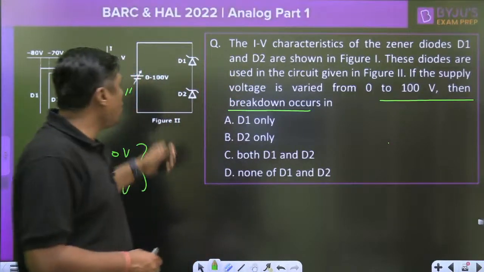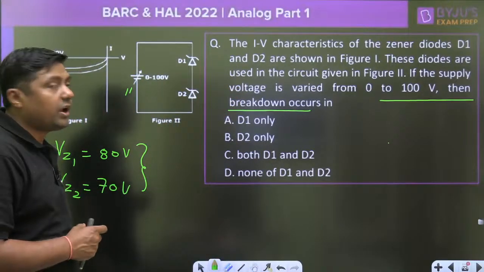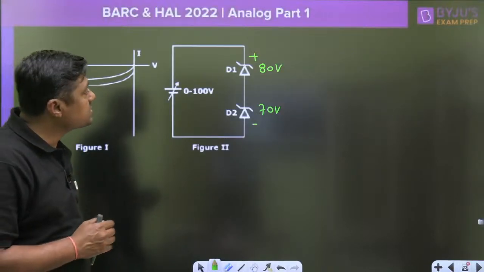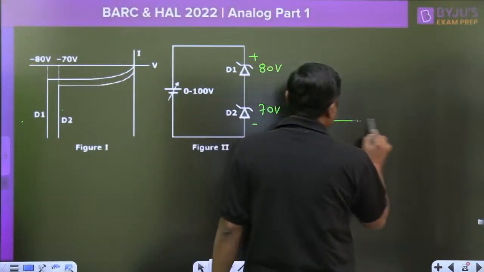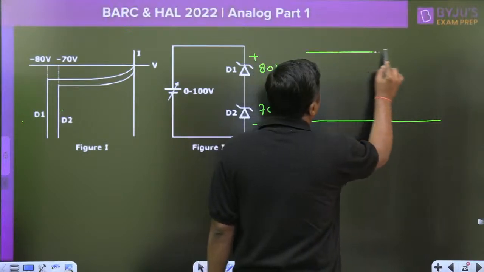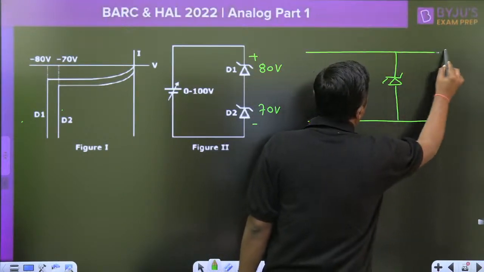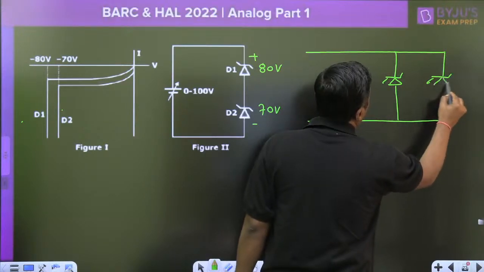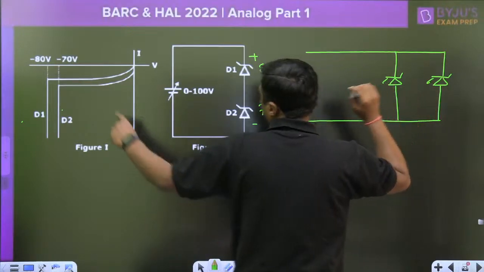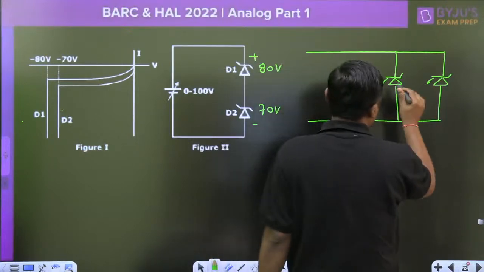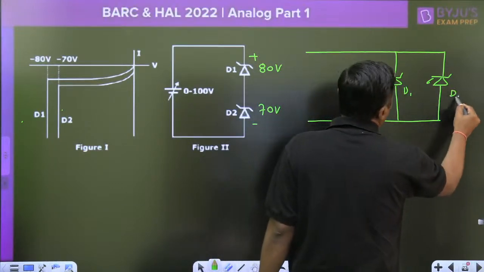These two diodes are not connected in parallel. If these two diodes were connected in parallel, for example, let this be D1 and this be D2.